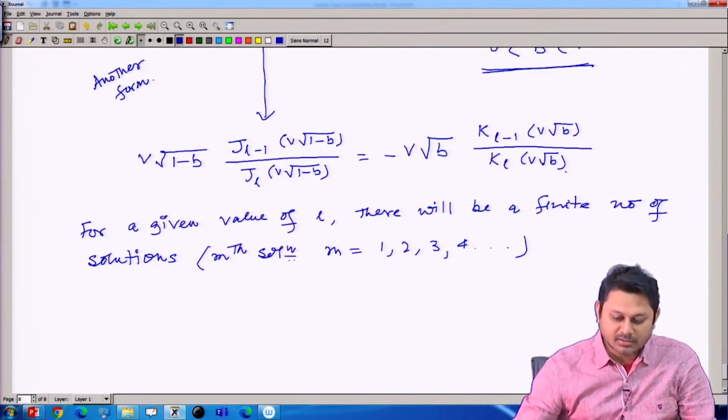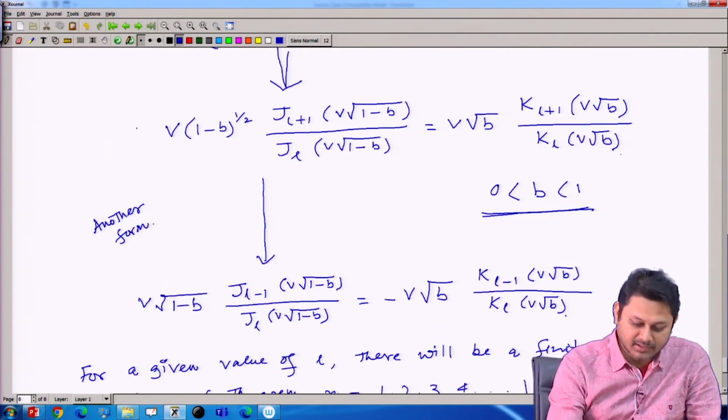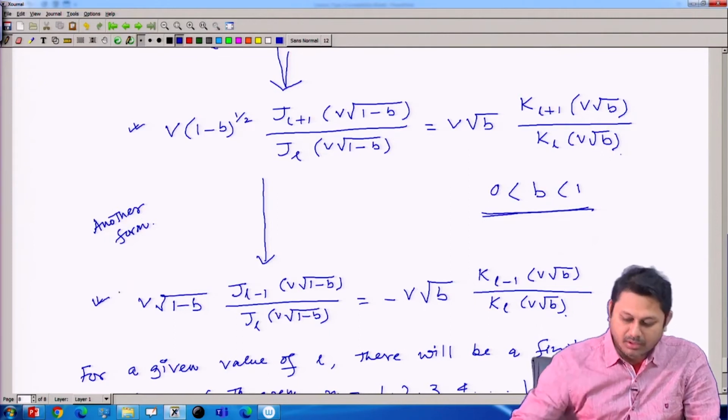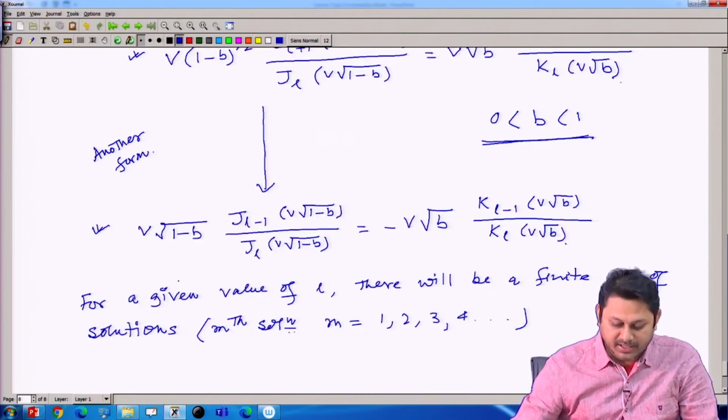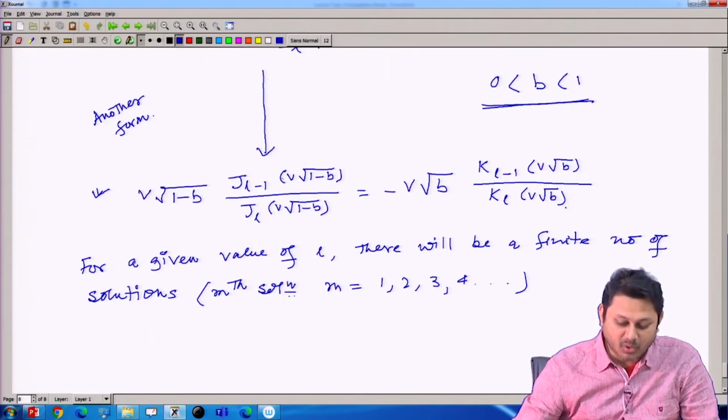So, in this equation which is given here, either this one or this one, for a given value of L, that means I put a value of L and then I plot the left hand side and I also plot the right hand side, and these two curves should cut at certain points, not only in a single point, there is a possibility that they cut at different points.